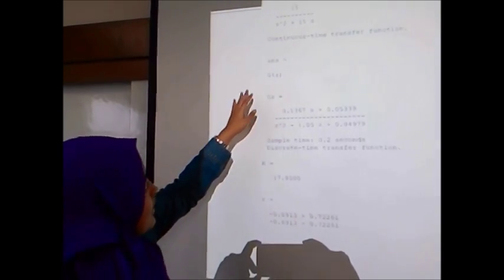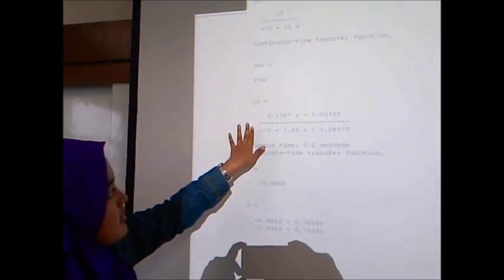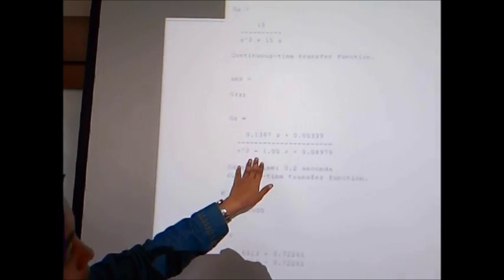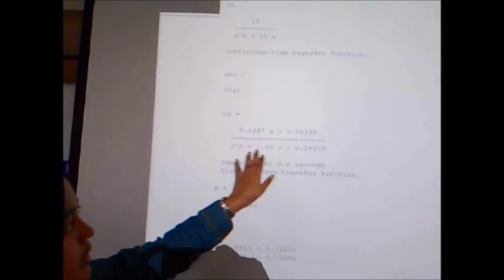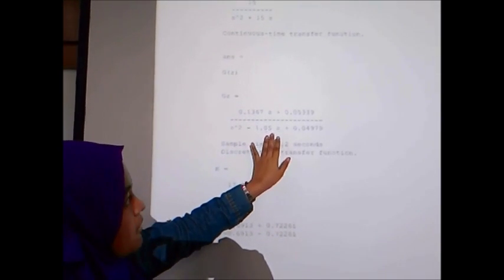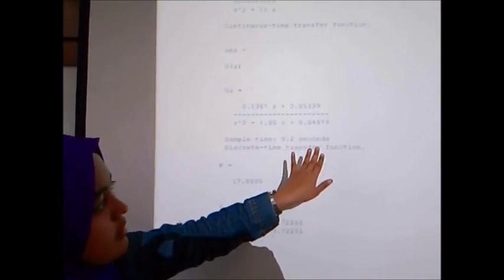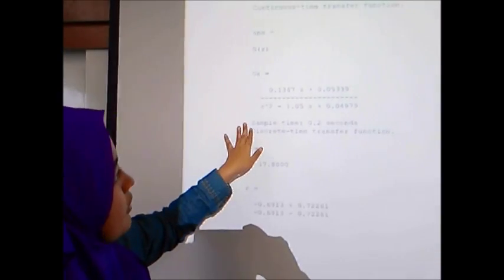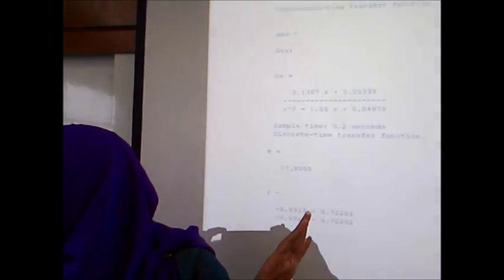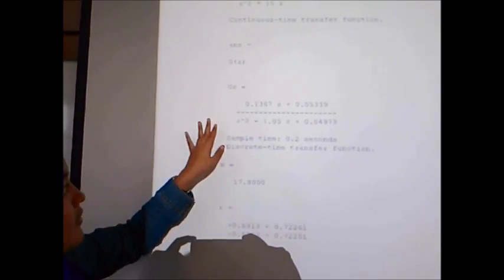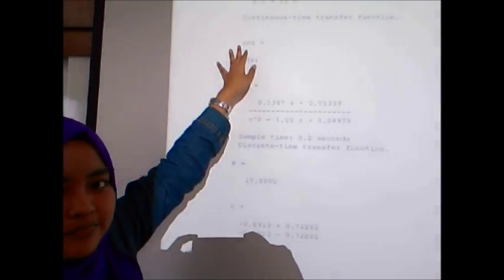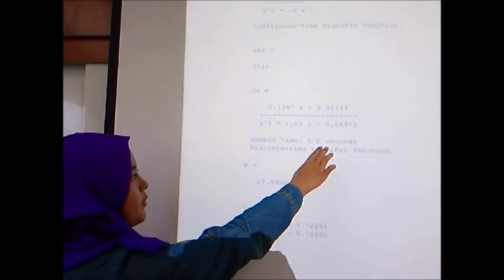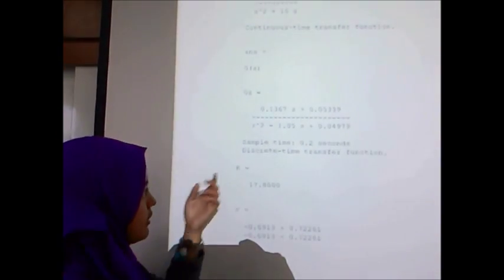And then we find that G(z) equal to 0.1367 z plus 0.05339 over z squared minus 1.05 z plus 0.04979, which is the transfer function that we calculated. And then the sample time is 0.2 second.